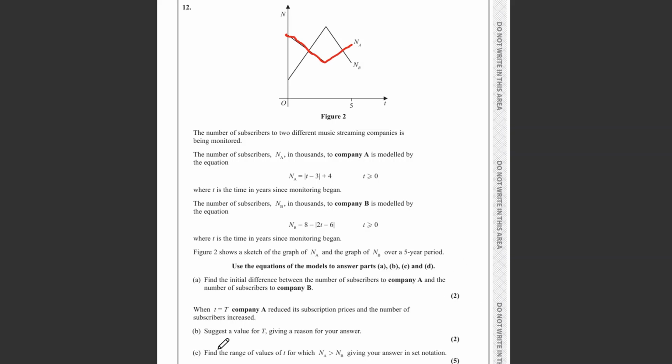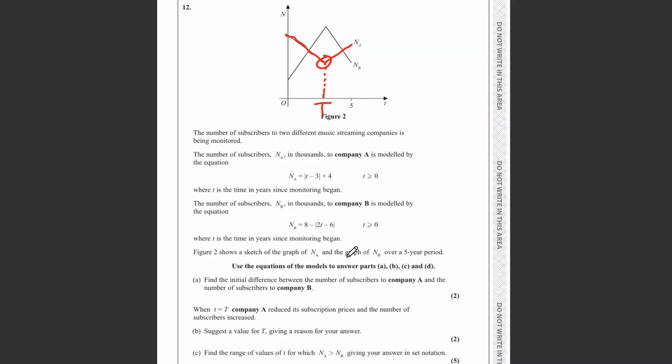This capital T is where company A reduced its subscription prices and the number of subscribers increased. If we look at this line, we can see that it is decreasing, so the number of subscribers is decreasing, and then it hits this point here and then it starts increasing. So this here is the point they're talking about, where after this the number of subscribers increased, so therefore this here is capital T, okay?